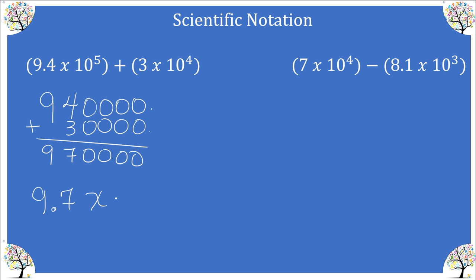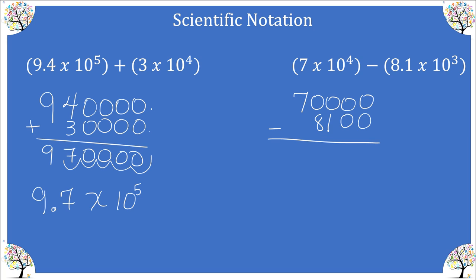9.7 is my coefficient times 10 to the 1, 2, 3, 4, 5. We're going to subtract. So we have 7, and we're going to move it 4 places, 1, 2, 3, 4, minus our 8.1. We're going to move it once and then add 2 zeros, and that will be a total of 3 decimal moves. So the decimal was here, and we moved it 1, 2, 3.